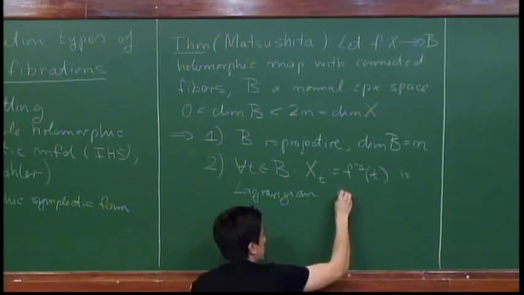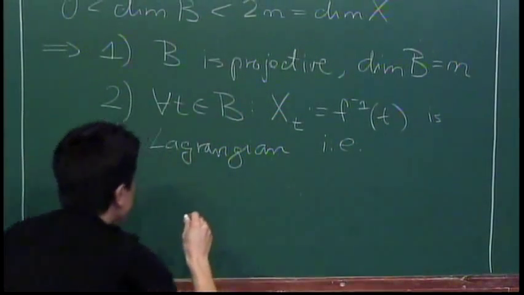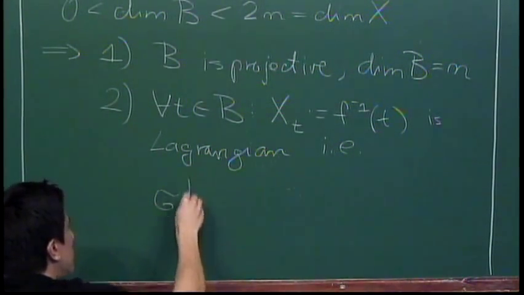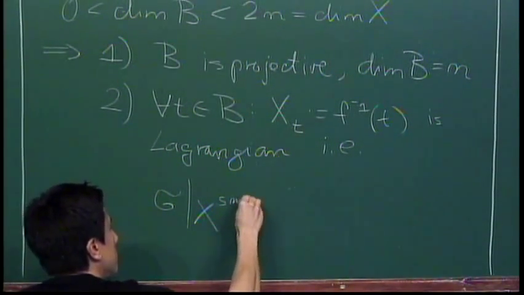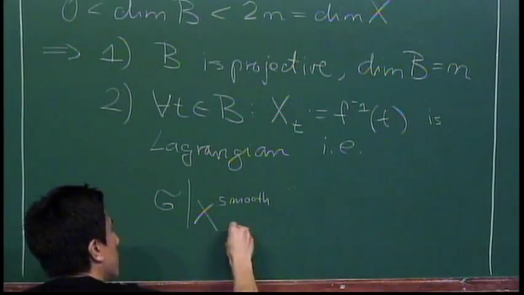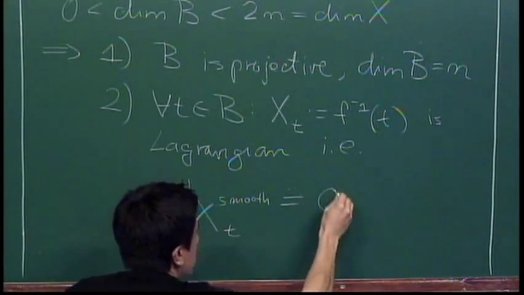So this just means that if we take the holomorphic symplectic form and restrict it to the smooth part of this fiber, then we get just 0.